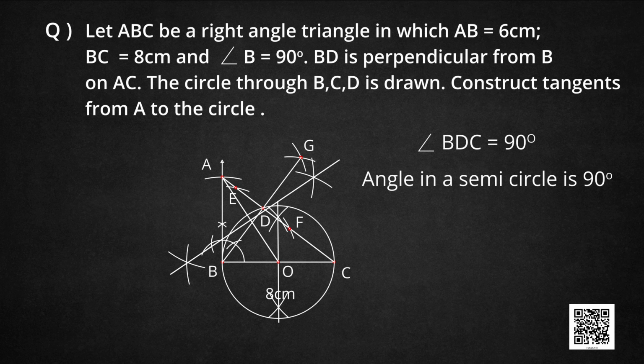Let this perpendicular bisector intersect AO at point M. With M as center, draw a circle cutting the previous circle at 2 points, say P and Q. Join AP and AQ. These are tangents to the circle.